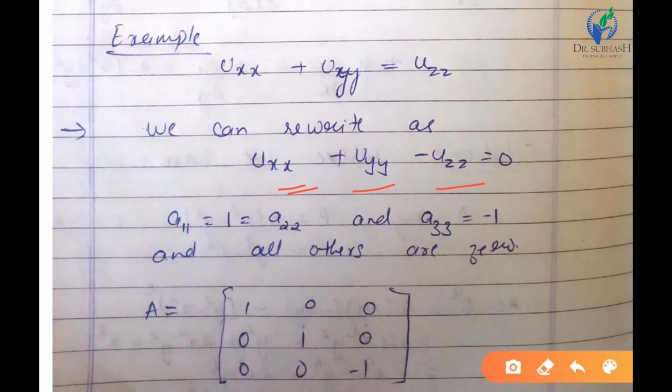Here the coefficient of uxx is 1 and the coefficient of uyy is 1, so the values of a11 and a22 will be equal to 1. And the value of a33 will be equal to minus 1, because the coefficient of uzz is minus 1, and all other values will be 0.